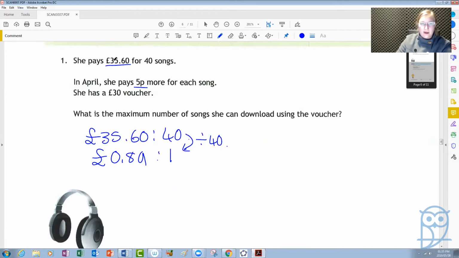So that was then. Now in April, she pays 5 pence more. So that means we have to add 5. So now she will pay 0.94 per song. So this is our pounds and this is our songs.